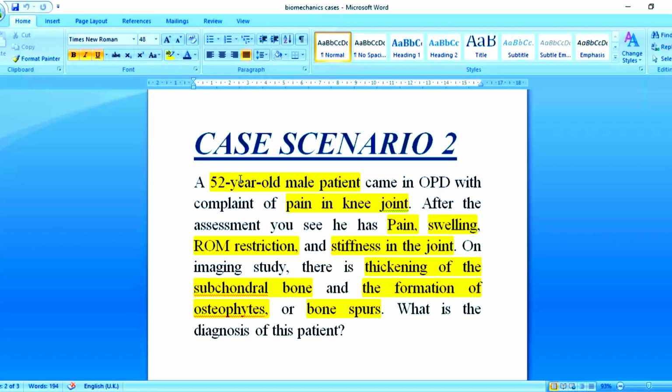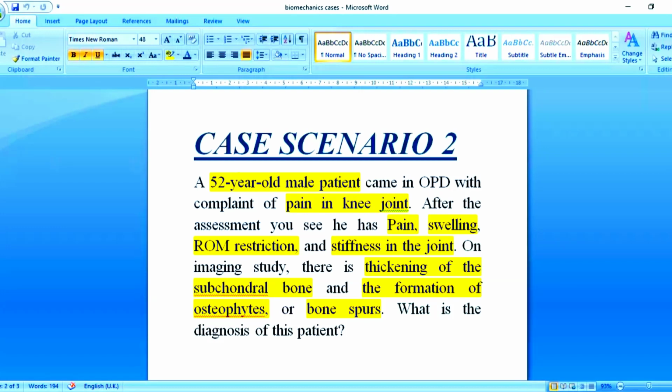It may be related to the quadriceps muscles, the tibialis anterior, tibialis posterior, or sometimes the calf muscles and hamstrings, which are also a cause of the stiffness in the joint or the pain in the knee joint. So you can say the knee joint itself is majorly involved, but sometimes the surrounding muscles are also the cause of the pain in the patient.